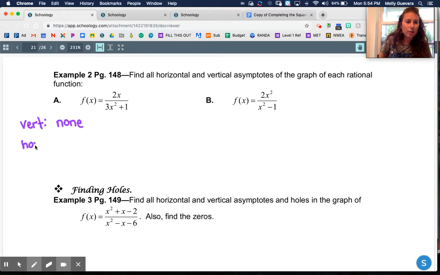Then we want to look at the horizontal asymptotes. And so I need to ask myself, is this equation top heavy, bottom heavy, or balanced? Again, the exponent of the top is 1. The exponent of the bottom is 2. So this is bottom heavy.